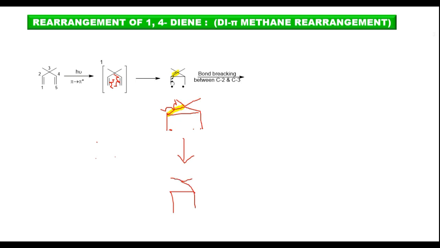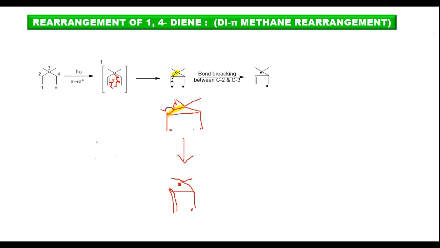Now already we have the radical. So due to homolytic cleavage of this bond, here we are going to get a radical, and here also we are getting a radical. So now these two radicals make a bond. Now the pi bond is obtained. Here we are going to have another radical. So that product is obtained.